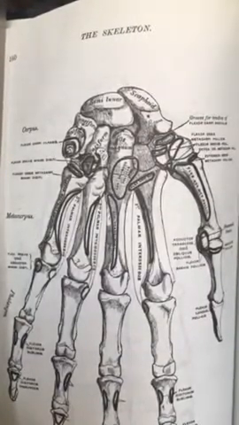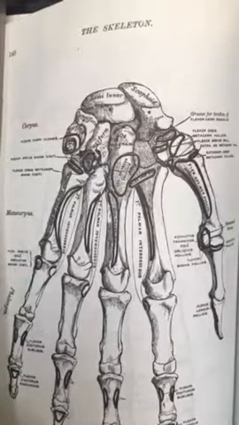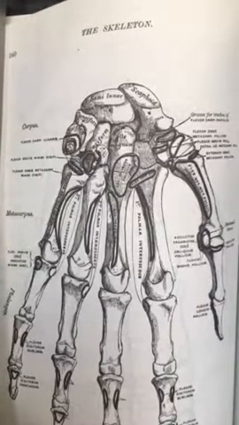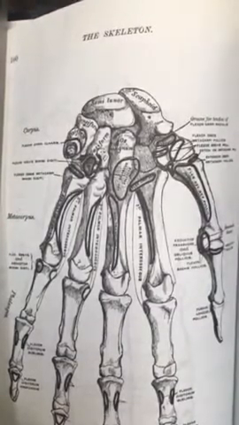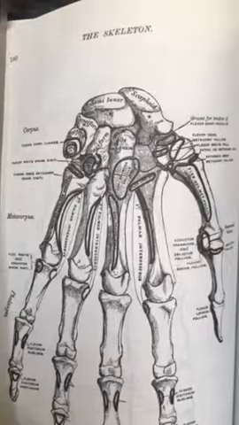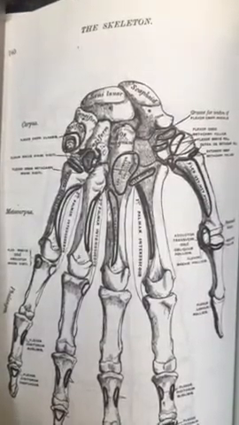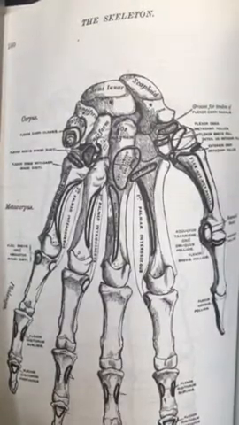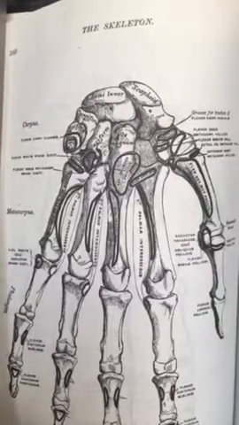You could have an open or a closed fracture. Open would be coming through the skin, closed would not be coming through the skin. Displaced fractures are where the fracture site is moved so that end-to-end contact is not maintained. You could have a stress fracture due to overuse, or insufficiency, which is abnormal bone fractures from normal use.